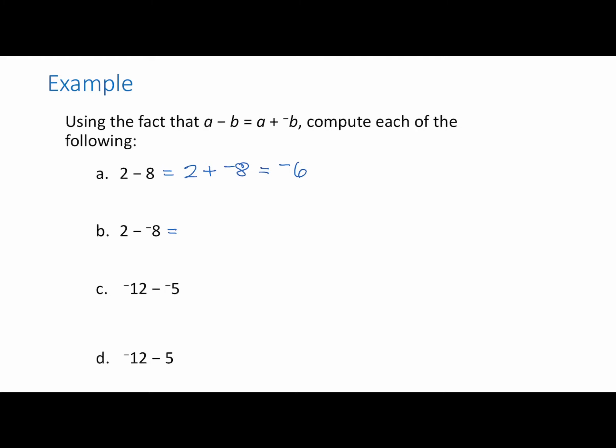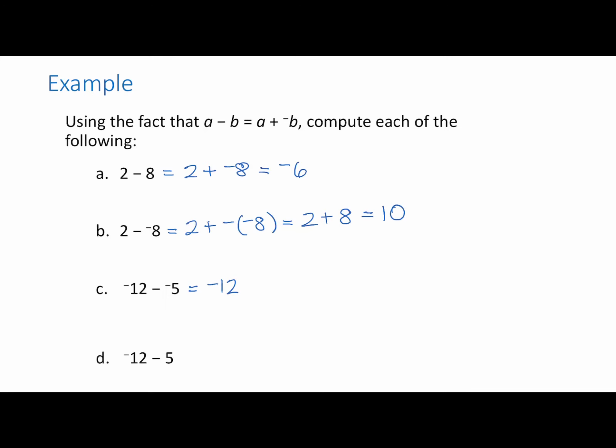How about 2 minus negative 8? Well, that's the same as 2 plus the opposite of negative 8. What is the opposite of the opposite of 8? That's just 8. So 2 plus 8, and that's 10. Negative 12 minus negative 5.